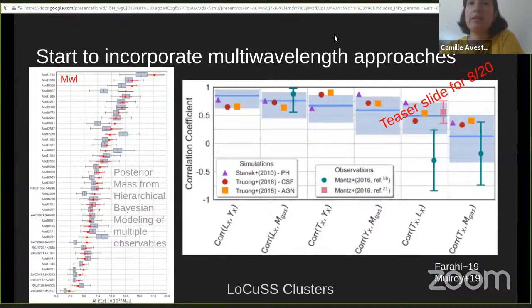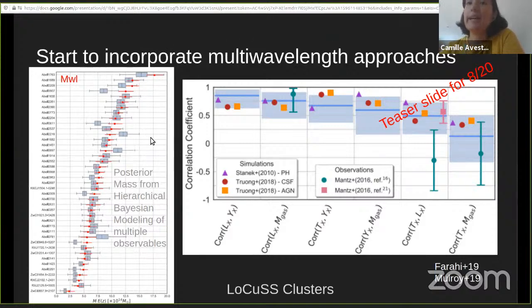So the main comparison here, because there are multiple error bars, the boxes for the gray are the 25th, 75th percentile, and then the ticks for the red are also the 25th to 75th percentile. So those are the two that you'd want to compare. You can see that in many cases, the posterior mass from hierarchical Bayesian modeling is more powerful because it doesn't have some of the single systematics that are only present in the weak lensing mass.